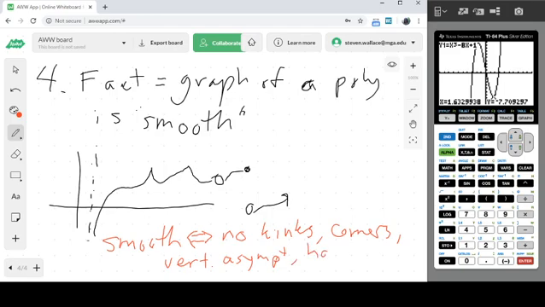So no holes or jumps, right? And the domain of a polynomial needs to be all real numbers. Okay?